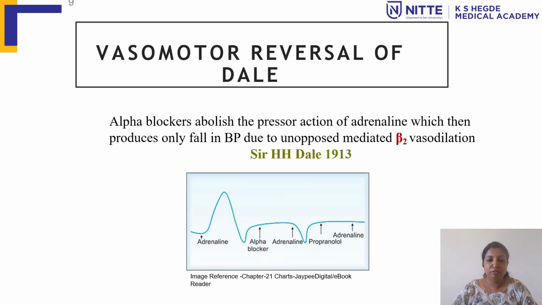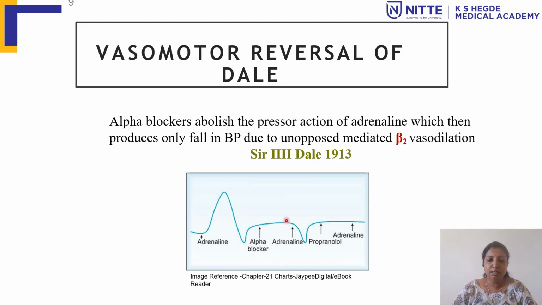After use of alpha blockers, it can abolish the pressor responses produced by adrenaline. Remember, a moderate dose of adrenaline produces a biphasic response. You can see here the biphasic response, but after the alpha blocker, you give the same dose of adrenaline.